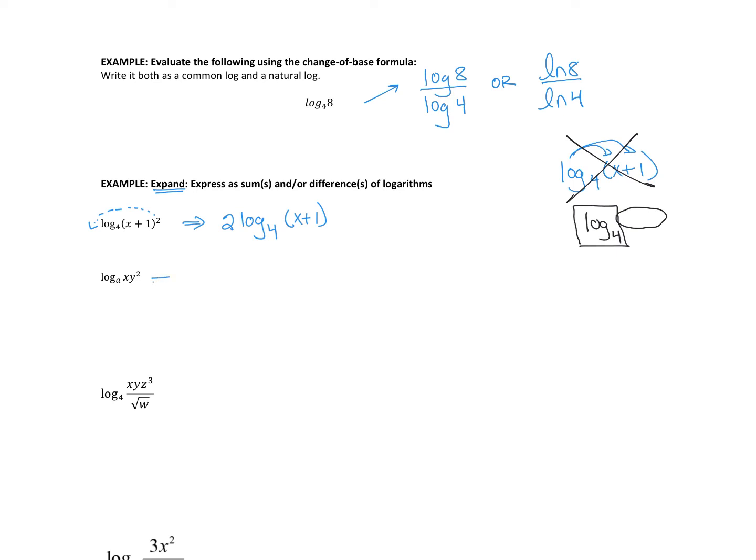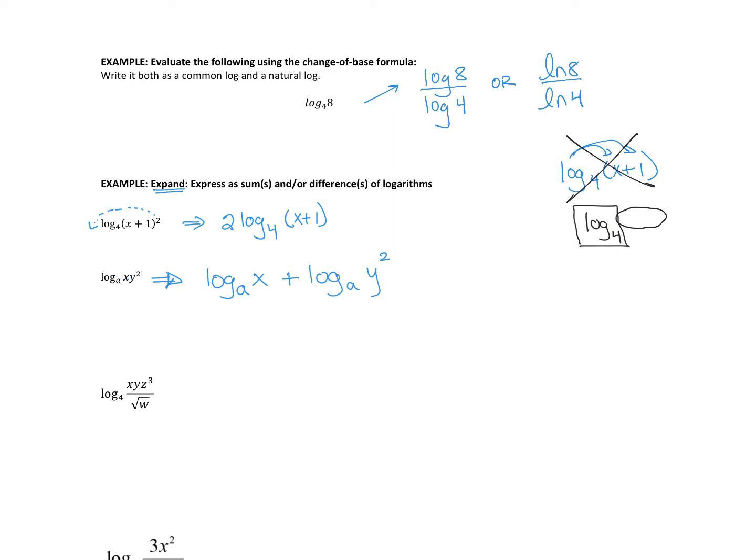For this one, this is another one that has common errors. Notice that the 2, the square, is only on the y. So what we would need to do here is break this up first as a product, log base a of x plus log base a of y squared.